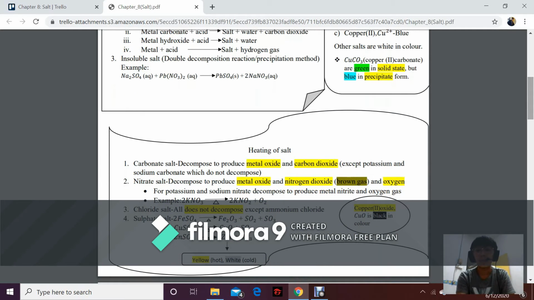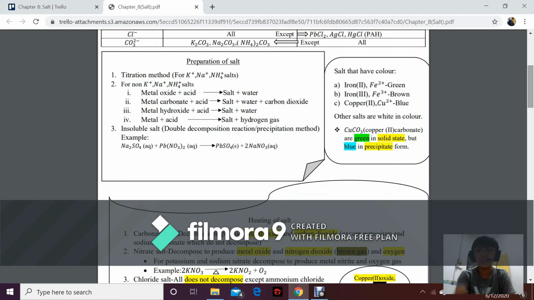Other salts are white in color, besides the iron 2, iron 3, and copper 2. So iron 2 is green, iron 3 is brown, copper 2 is blue. Please remember, because if you see Cu salt, it is definitely blue in color.